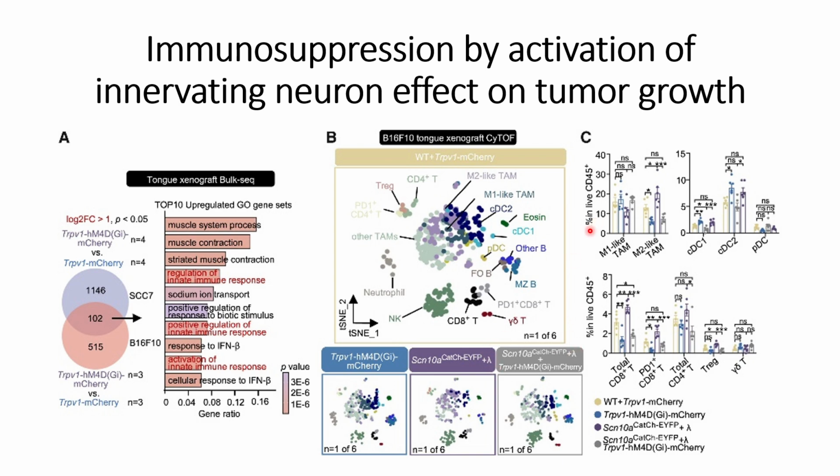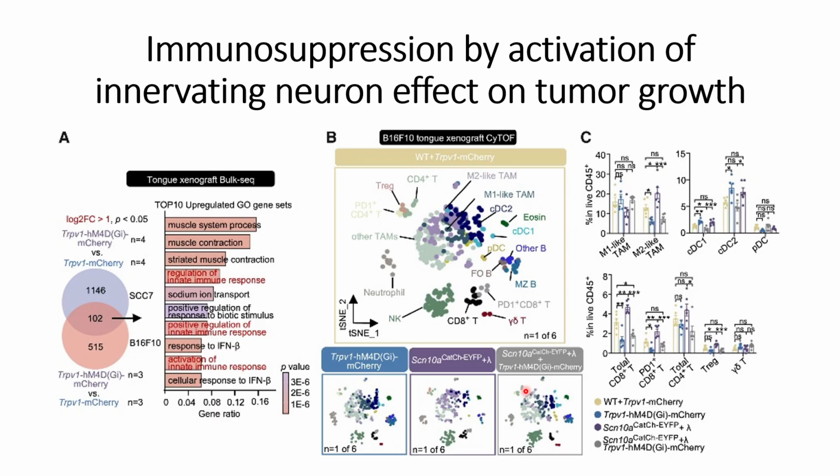What they see is that in the SCN10A CatCh system, there is an increase in the population of M2 active macrophages, and also an increase in PD1 CD8 plus T cells, indicating that this system promotes immunosuppression and also tumor associated macrophages, which might have a role in tumor growth.